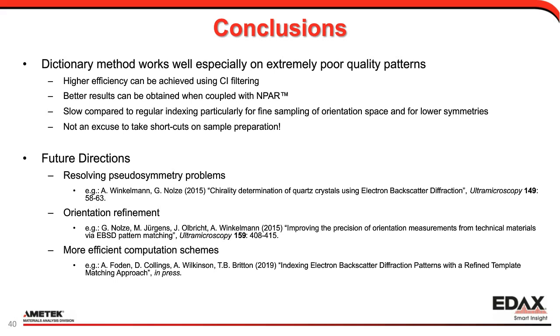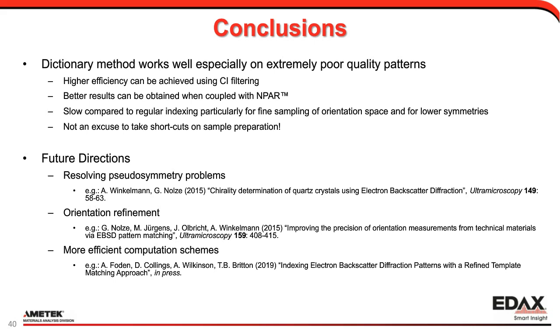There are some exciting future directions. If you look at the literature, there's some good work by Winkelmann and Gerrit Nolze on resolving pseudosymmetry problems, and I know others are looking at that. Orientation refinement I mentioned briefly. So instead of using a grid, use the grid to find the original orientation and then sample around that in a refinement approach to get to more exact orientation measurements so you don't get the blockiness in the results.